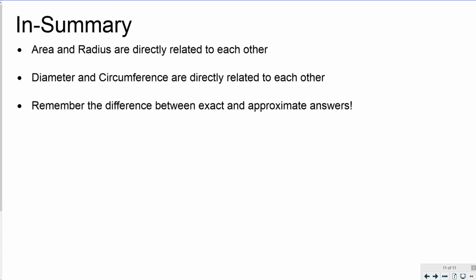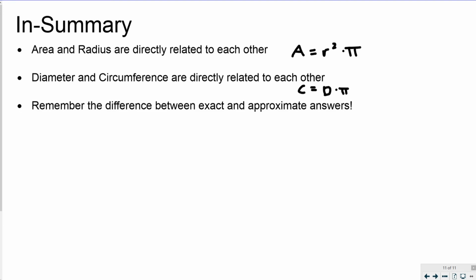So that's it, guys, for the area and circumference of a circle. Remember that the area and the radius are directly related to each other through the equation A equals the radius squared times pi, and that the circumference and diameter are directly related to each other through the equation circumference equals diameter times pi.